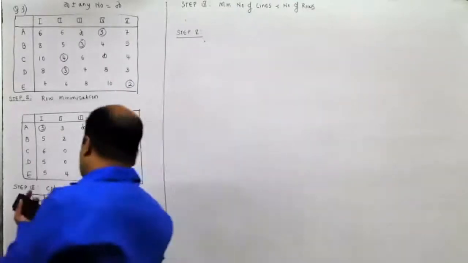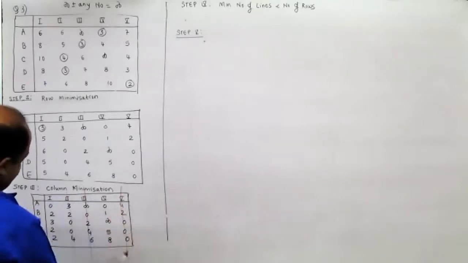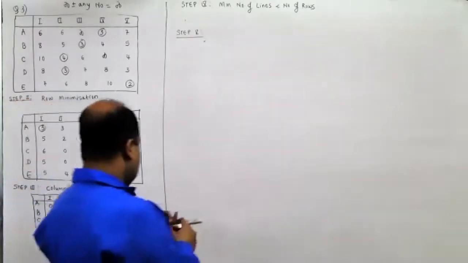So here, which are those lines? 2, 3, 5 and A. Now, what is the minimum element lying outside? It is 1. 1 has to be subtracted from the remaining elements.